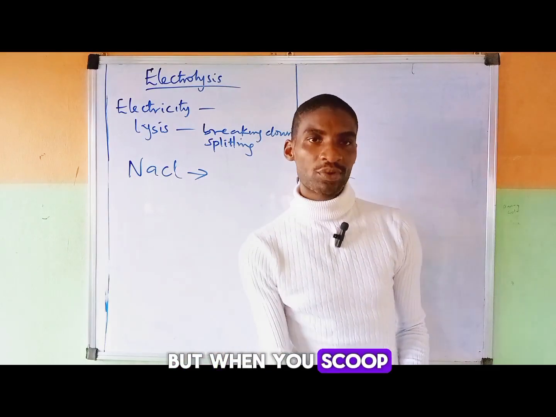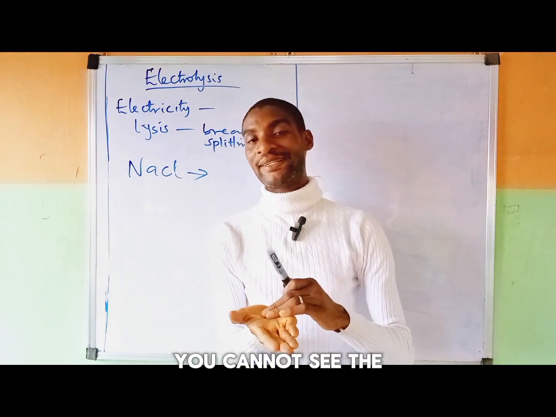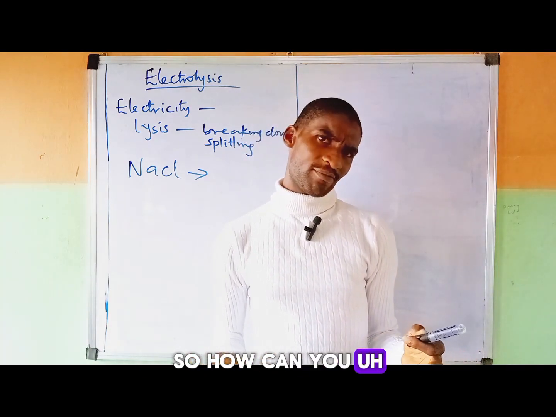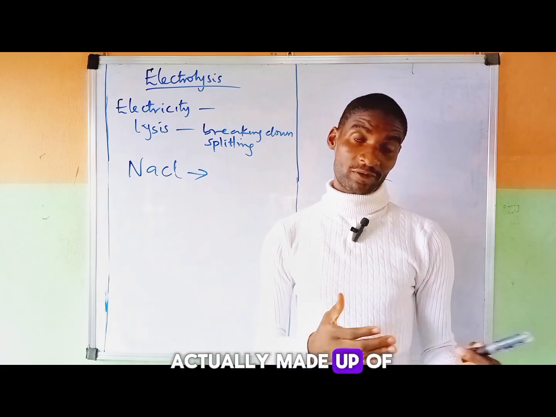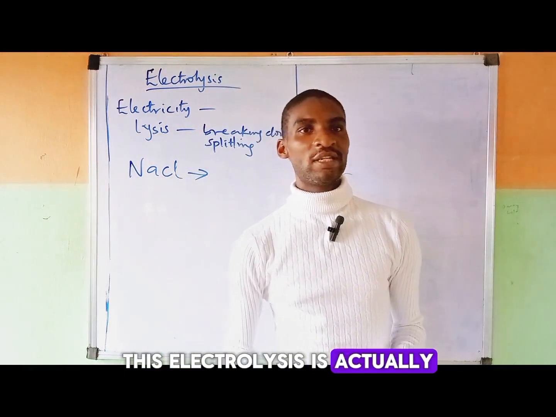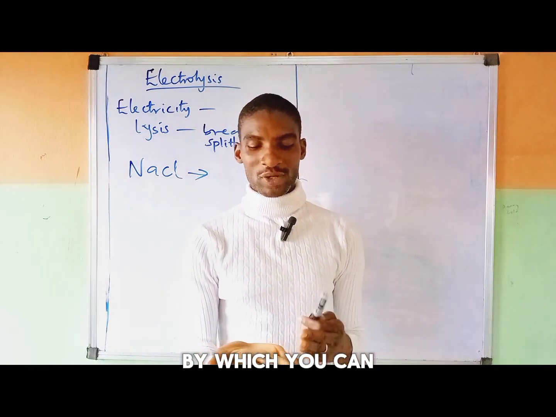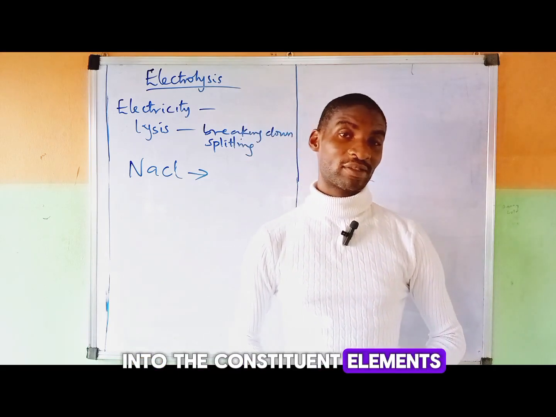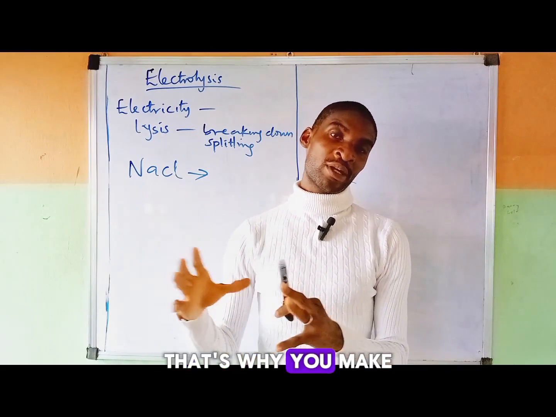But when you scoop your sodium chloride, you cannot see the sodium, you can't see the chlorine. So how can you be sure that it's actually made up of sodium and chlorine? Electrolysis is a chemical process by which you can split that sodium chloride into the constituent elements. And that's why you make use of electrolysis.